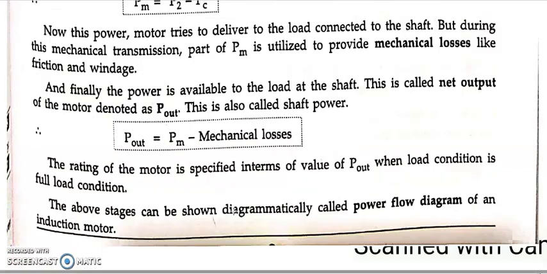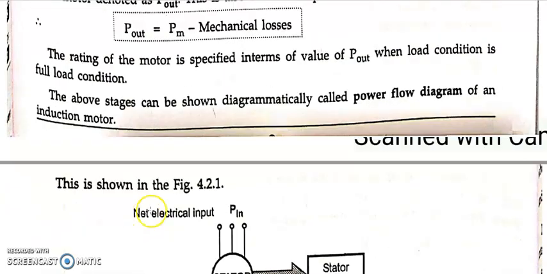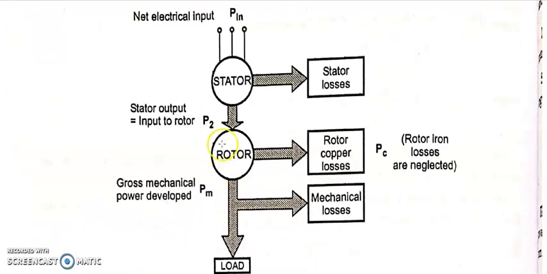Whatever we discussed is shown diagrammatically as the power flow diagram of an induction motor. Let us see how it looks. You can see the power input, the net electrical input, is given to the stator. Remember, input is given to the stator and not to the rotor directly. You can see there are 3 phases.